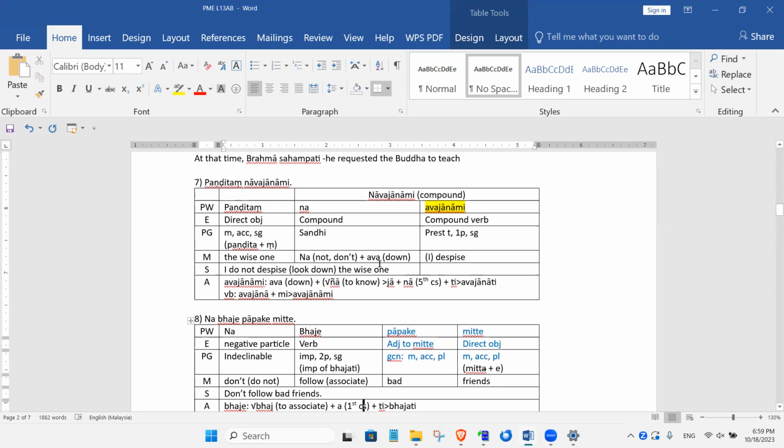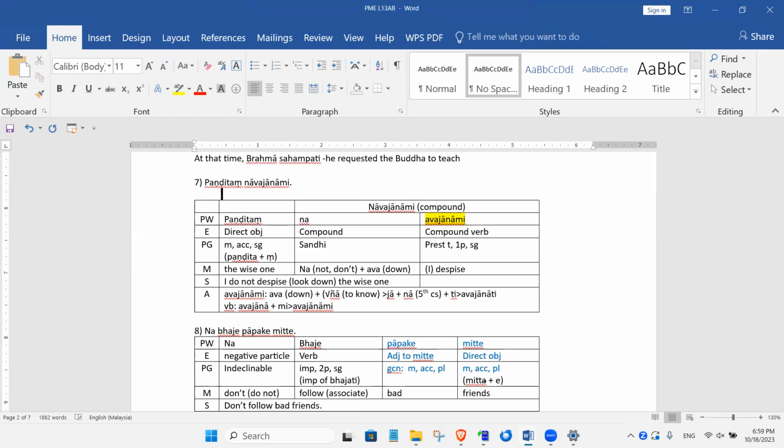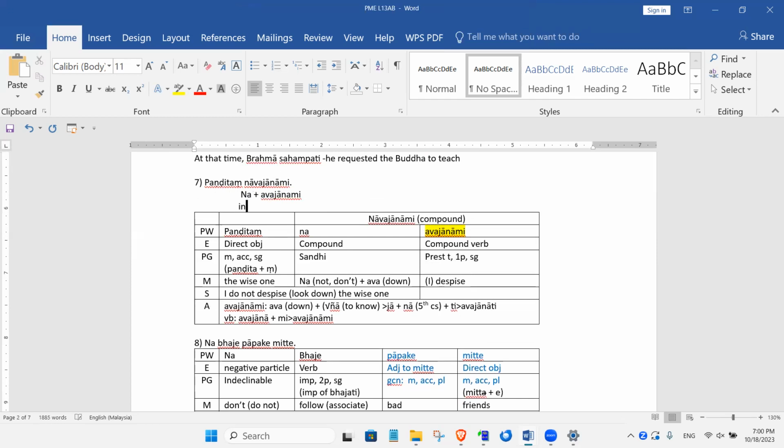So this one, Sajid, I didn't get you. Sorry, you said the navajanami is not a compound, it's a noun, and noun that means called what? Here is not now. Here is na plus avajanami. Na is indeclinable, even though it doesn't look like it. So indeclinable plus verb.